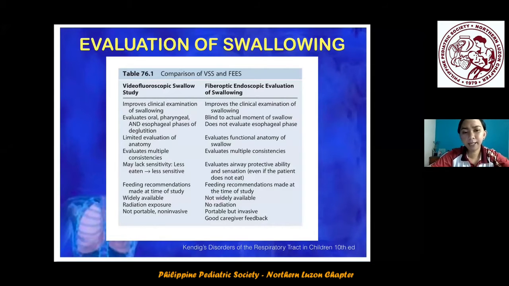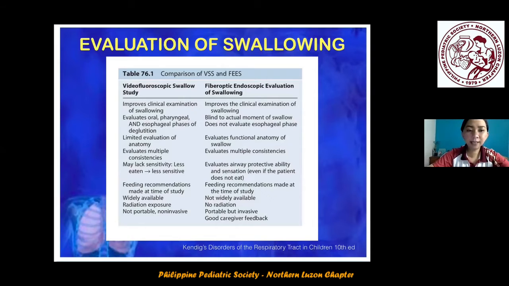However, please take note that video fluoroscopic studies have limitations, since this is just a snapshot, and it does not entirely rule out aspiration. So generally, it is a standard evaluation of direct aspiration from above.